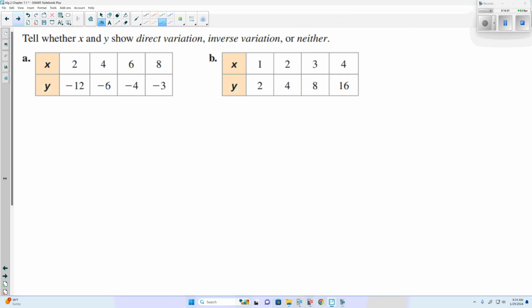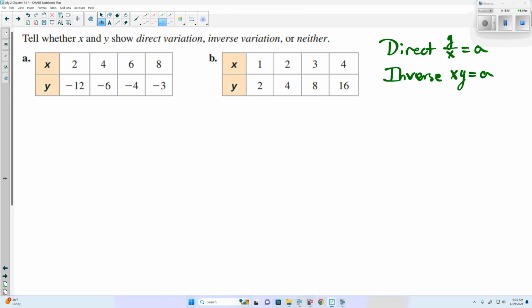So, when we're looking at this here, we're going to be using the same types of deal, because for direct, our y over x was equal to A. Inverse, x times y is equal to A. Because if we take y and divide it by x and get a constant term, the same amount each time, we know it's direct. If we multiply the two together and get a constant term, the same amount each time, it's inverse. But if neither one gives us it, then it is neither.